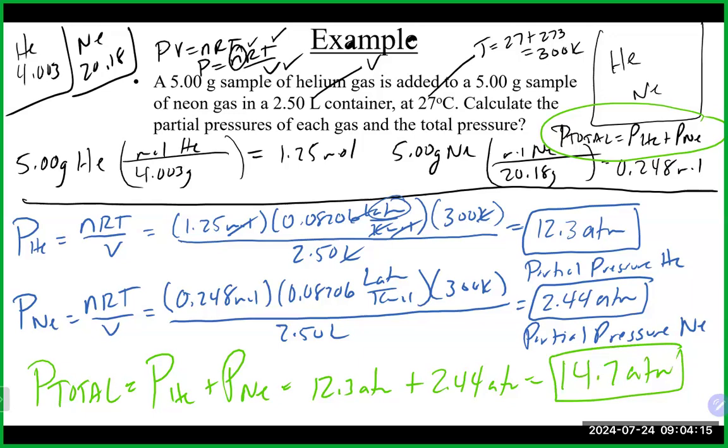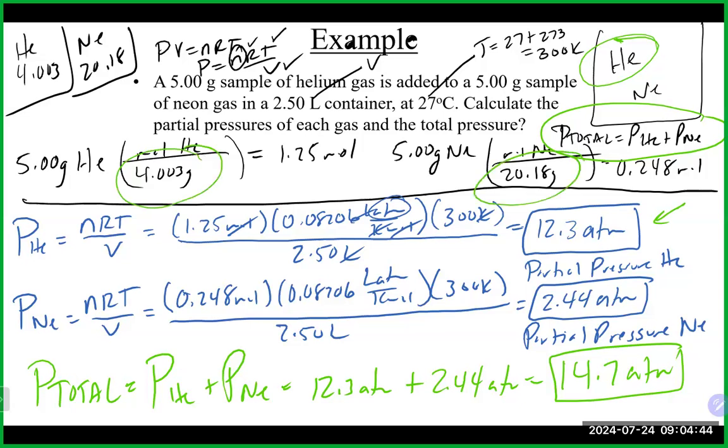Any questions on that? Major contributor to the pressure in this case is which gas? Major contributor is helium. Yes. Helium is contributing 12.3 of the 14.7 total. The reason for that, as we will talk about shortly, has to do with the molar mass.